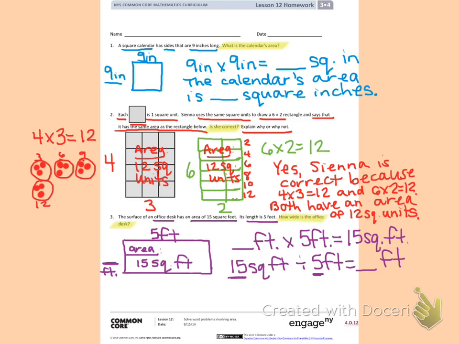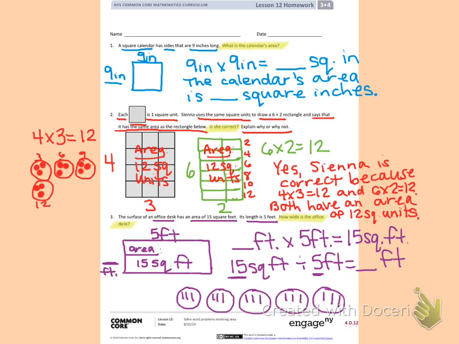Let me draw a picture to show you what I'm talking about. 1 group, 2 groups, 3 groups, 4 groups, 5 groups. Now I have 15 items. Let's go ahead and divide that equally into 5 groups. 1, 2, 3, 4, 5, 6, 7, 8, 9, 10, 11, 12, 13, 14, 15.